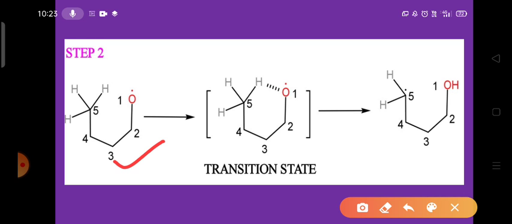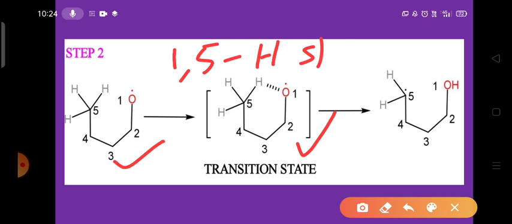In the second step, this alkoxy free radical goes through a 6-membered transition state, and it abstracts hydrogen from the fifth carbon. That's why the Barton reaction is known as the 1,5 hydrogen shift reaction.